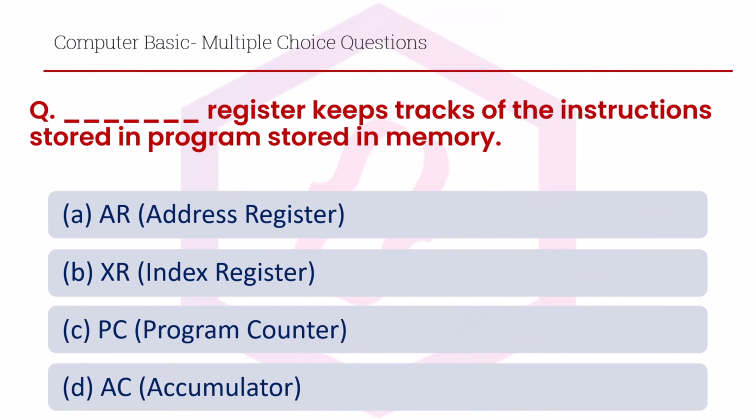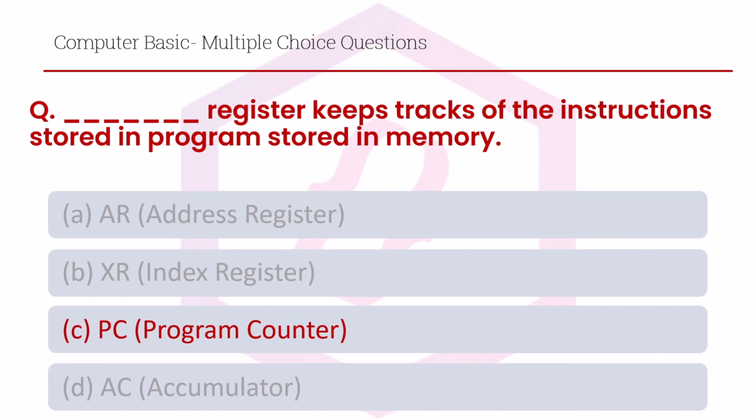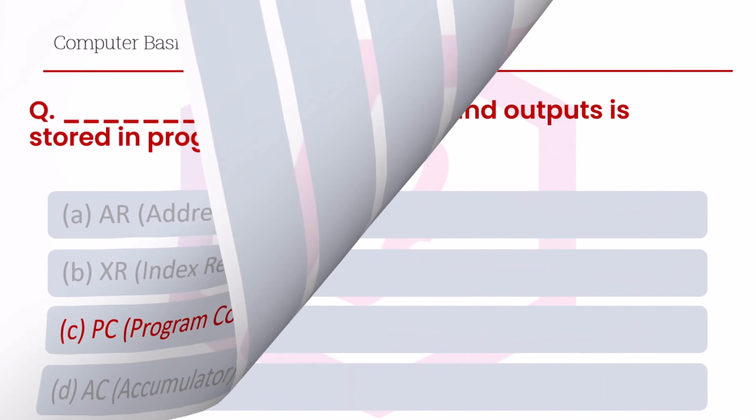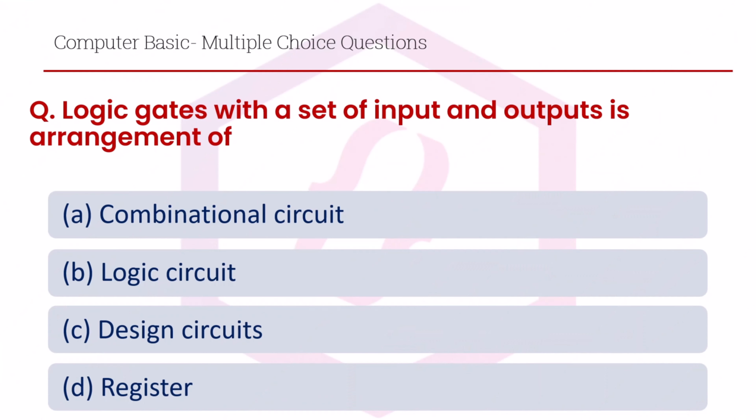Which register keeps track of the instruction of the program stored in memory? AR register, XR register, PC, program counter, AC, accumulator. And the correct answer is PC, program counter. Logic gates with a set of inputs and outputs is an arrangement of combinational circuit, logic circuit, design circuits, register.